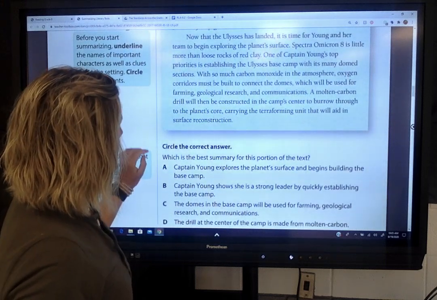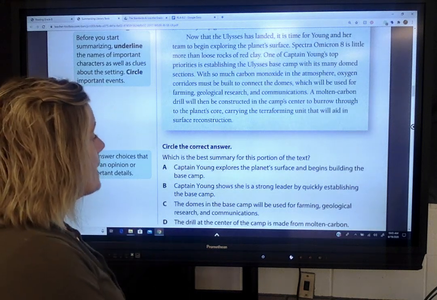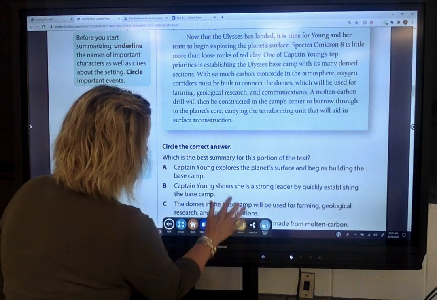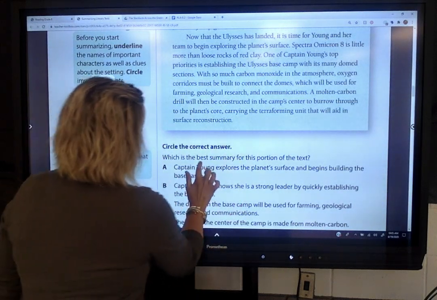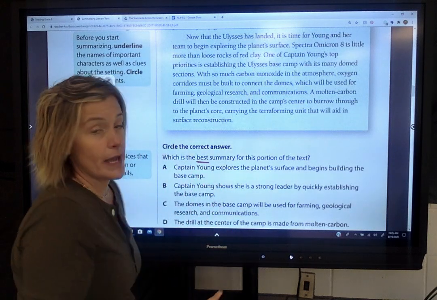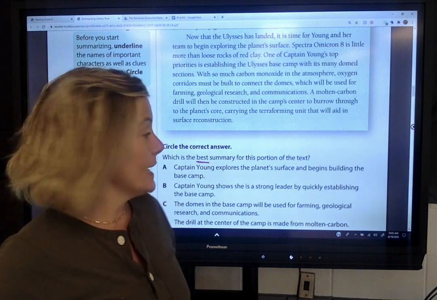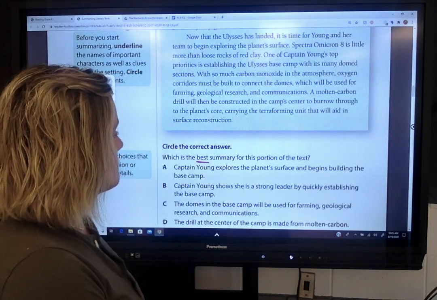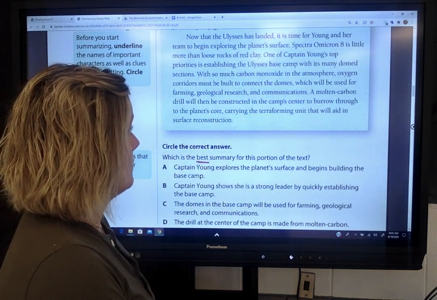Okay, I'm going to look at this, and it wants us to provide the best summary for this portion of the text. Now remember, they want the best. Some information may be true, but they want the best summary. So the first one says, Captain Young explores the planet's surface and begins building the base camp.